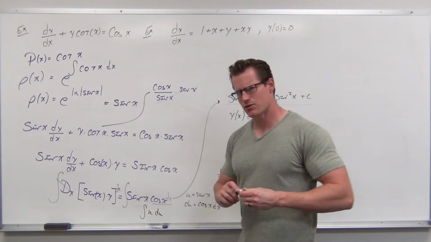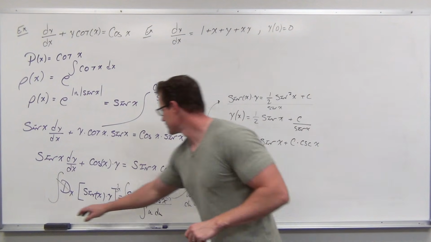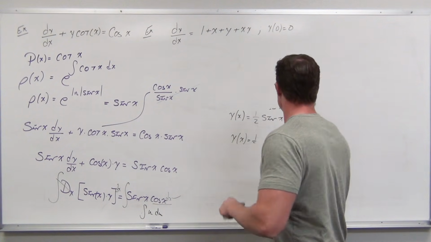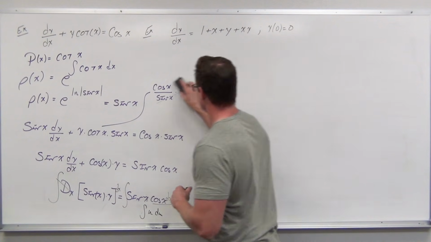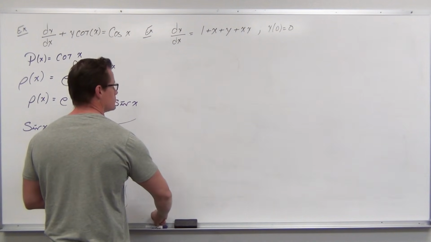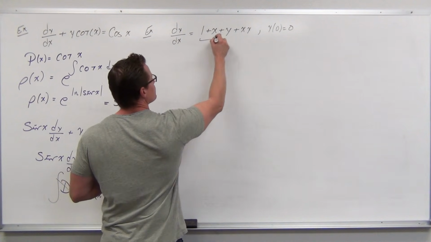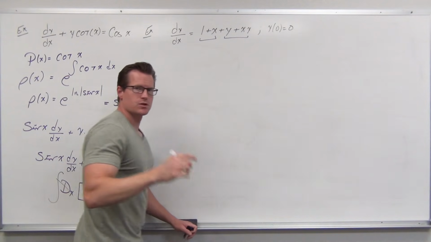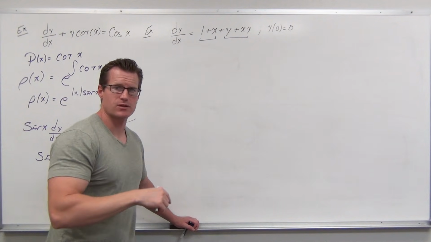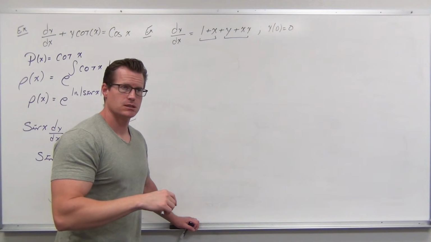Why don't you try that now? See if you remember how to factor by grouping. Factor by grouping groups the first 2 and says, what can you factor out of that as far as a GCF? Nothing.